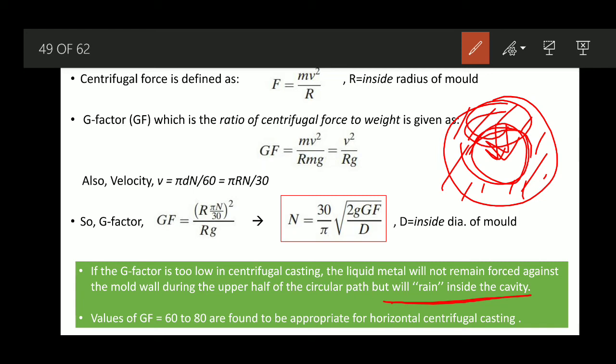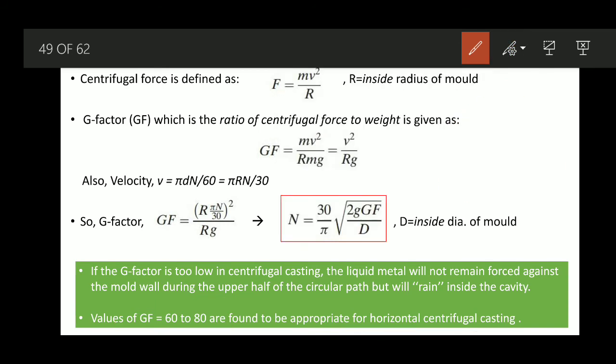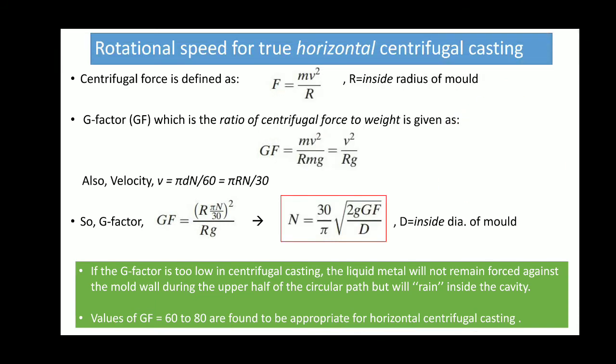So we have to be cautious about this z factor. Generally for horizontal centrifugal casting, a z factor of 60 to 80 is found to be appropriate. If it is safe, there will not be any tendency of the upper portion to fall due to the gravitational pull.